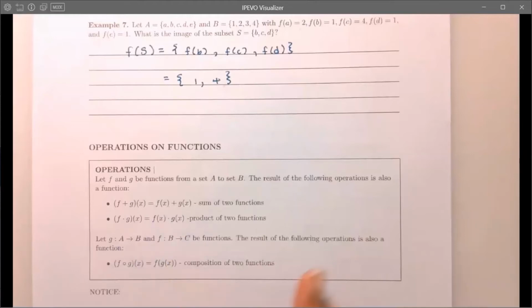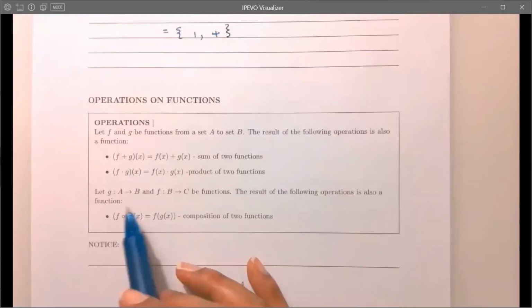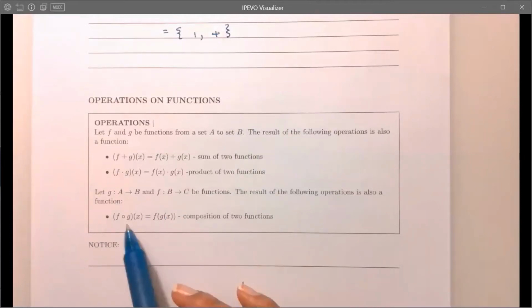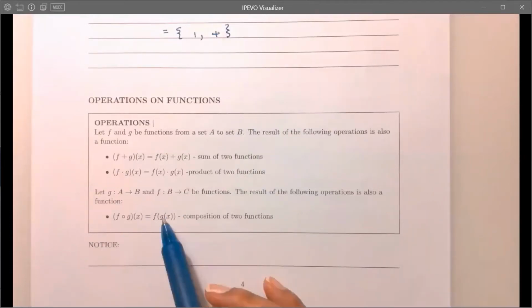And finally, if we redefine g so that it's a function from A to B, and f so that it's a function from B to C, the composition f of g of x is defined to be f with g of x as an input.